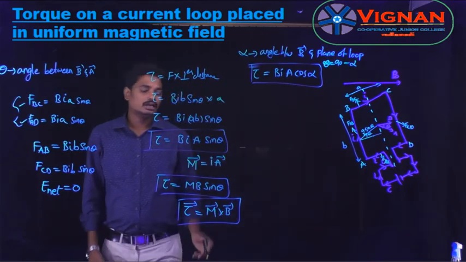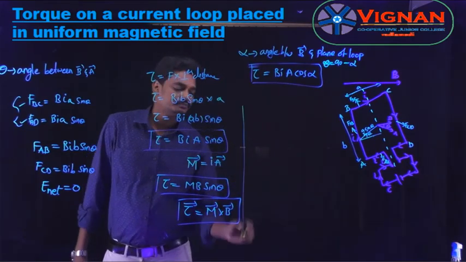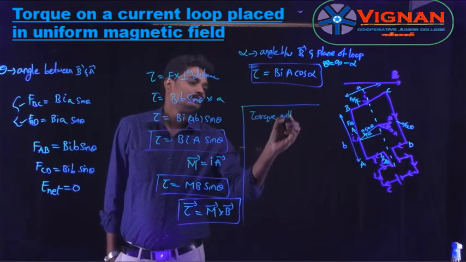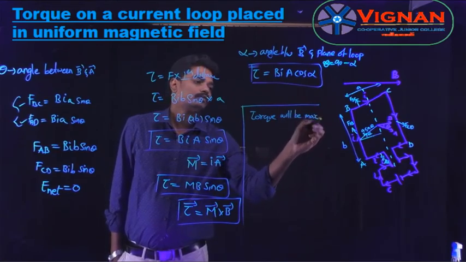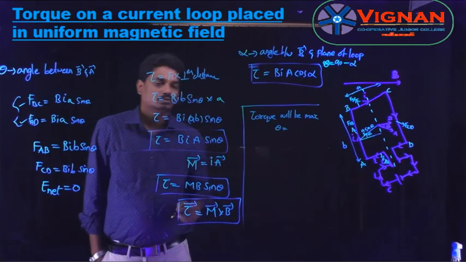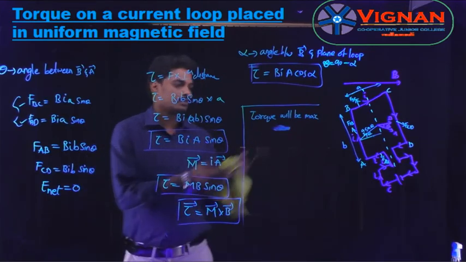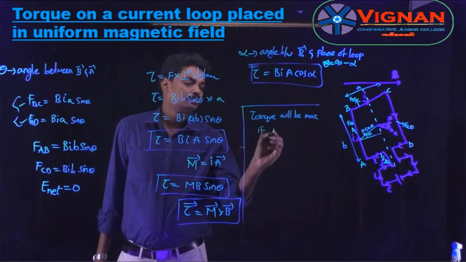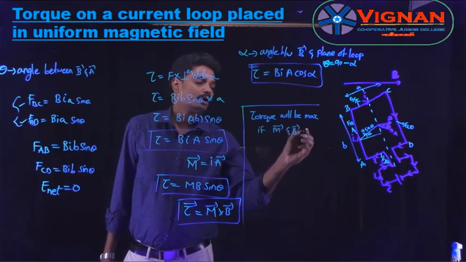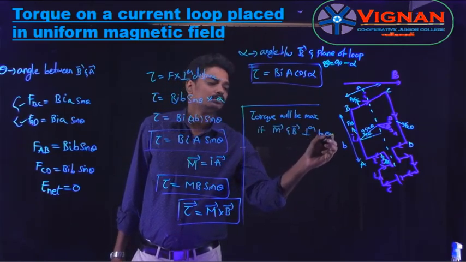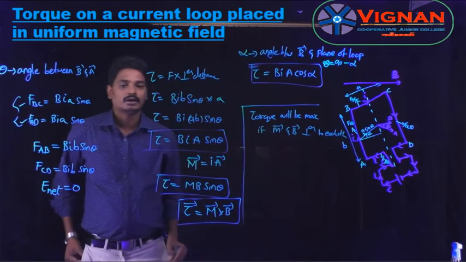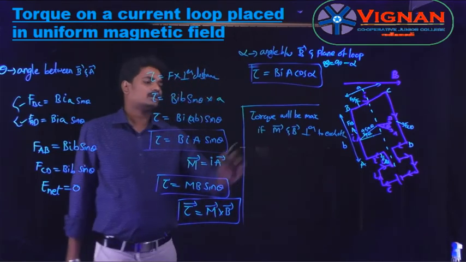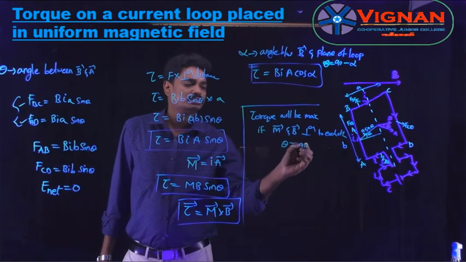Here the torque will be maximum if M bar and B bar are perpendicular to each other. M bar is the magnetic moment and B bar is the strength of the magnetic field. If both are perpendicular to each other, then the angle between them is 90 degrees.